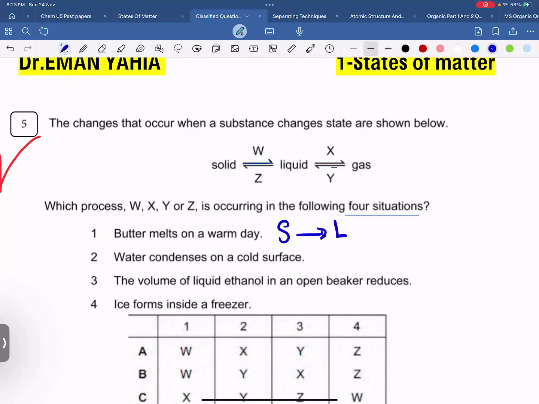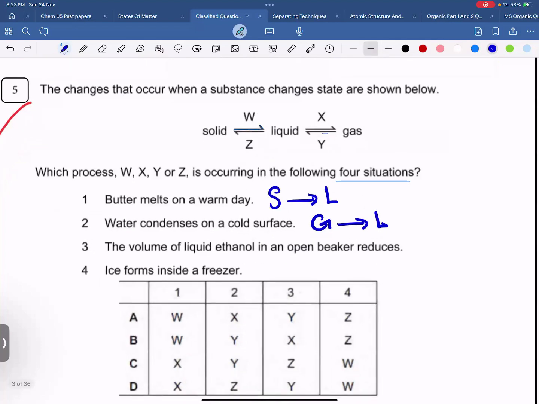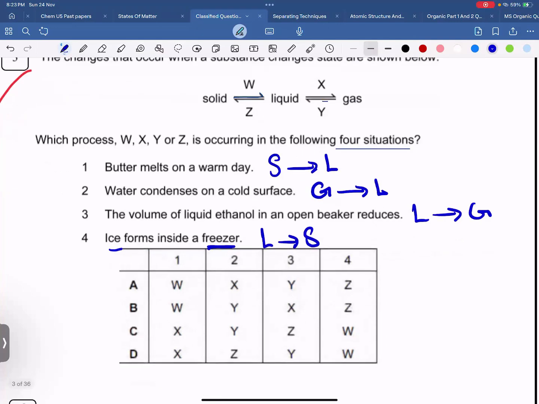Water condenses on a cold surface, so water condenses from gas to liquid. The volume of liquid ethanol in an open beaker reduces, so evaporation from liquid into a gas. Then ice, which is solid, forms inside a freezer, so from liquid to solid, which is freezing.